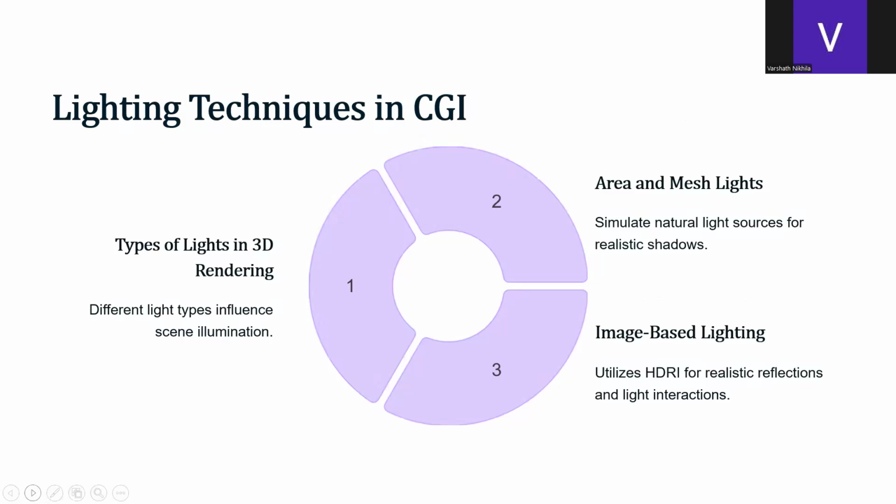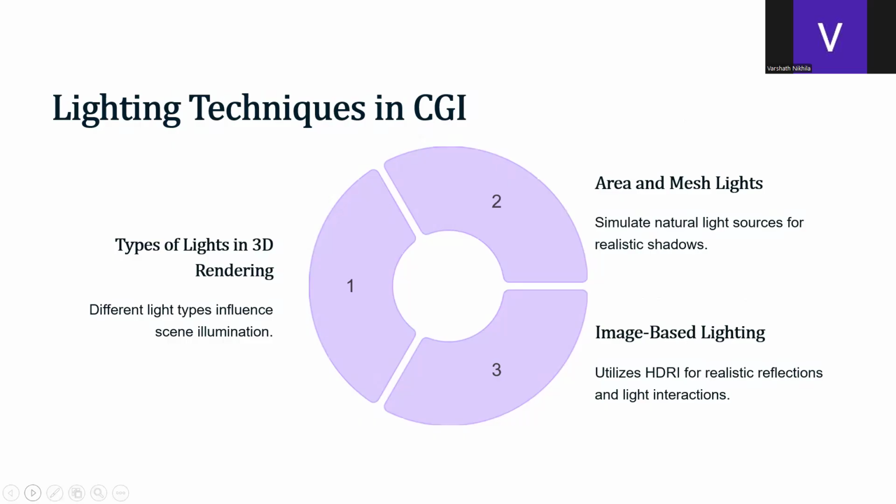And lighting techniques in CGI. Lighting is the soul of CGI. It affects realism, mood, and storytelling. So lighting is the most important one in CGI. There are various types like point lights, area lights, mesh lights, and image based lighting.